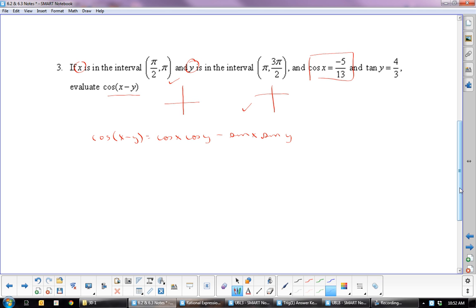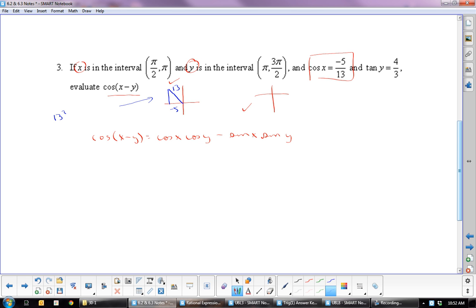we can build a triangle here, and we could say that cos is x over r, right? So that would be negative 5, and that would be 13. So we need to find this side here, and that we would use good old Pythagoras, right?